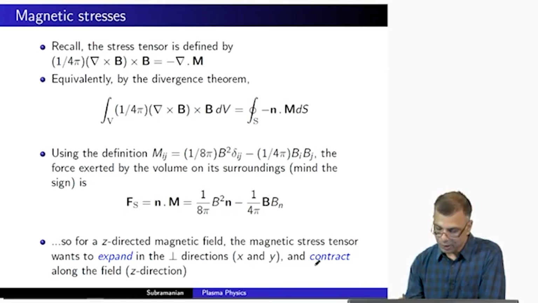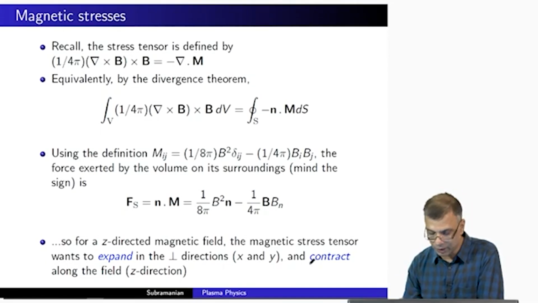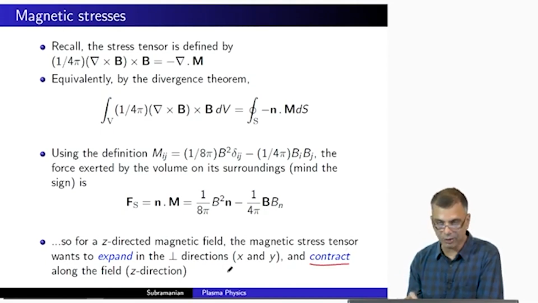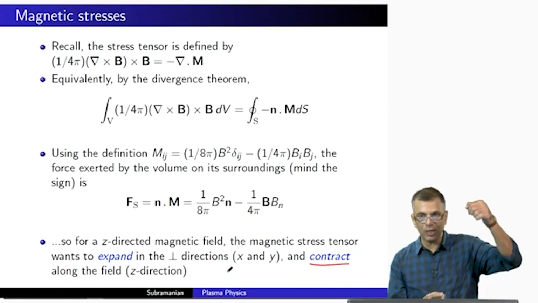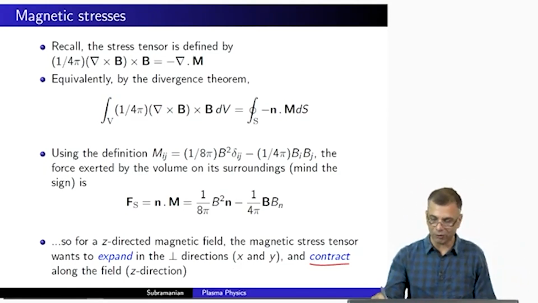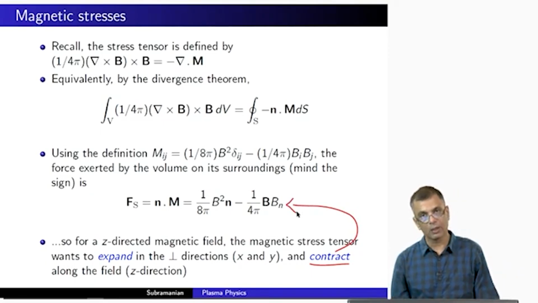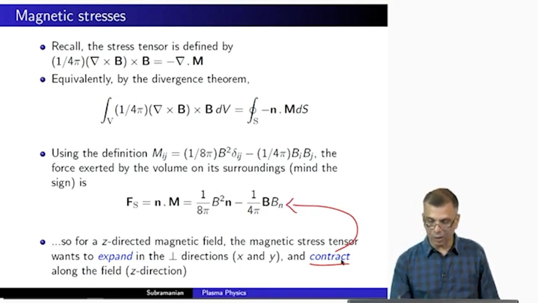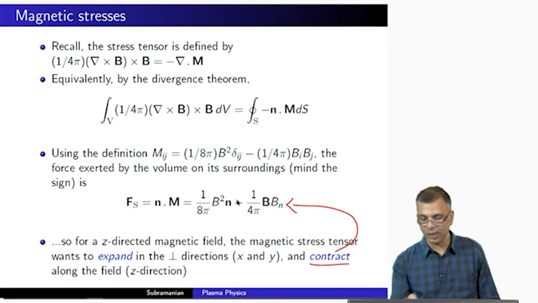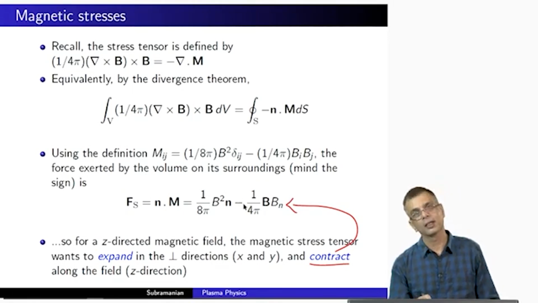So, this says that the force wants to contract the rubber bands, contract the magnetic fields in the z direction. In other words, there is a force along the negative z direction, and the adjective contract is because of this negative sign.